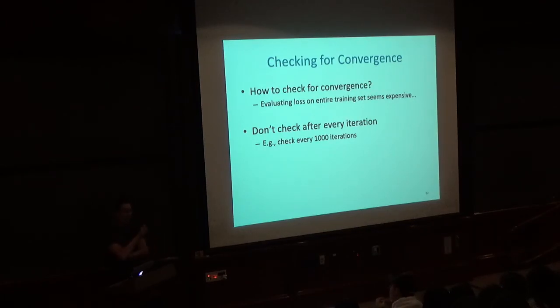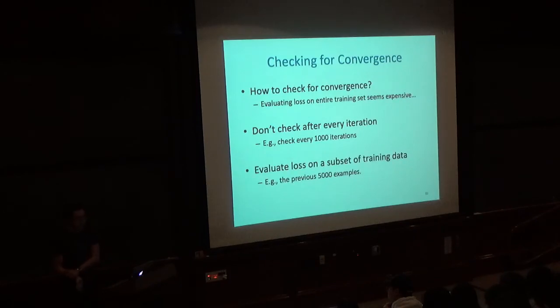This is like a flag you can set in your machine learning toolkits. You may also just decide to evaluate loss on a subset of the training data, not on the whole training data, just to check every once in a while. This issue has more to do with system design than the fundamental mathematics.